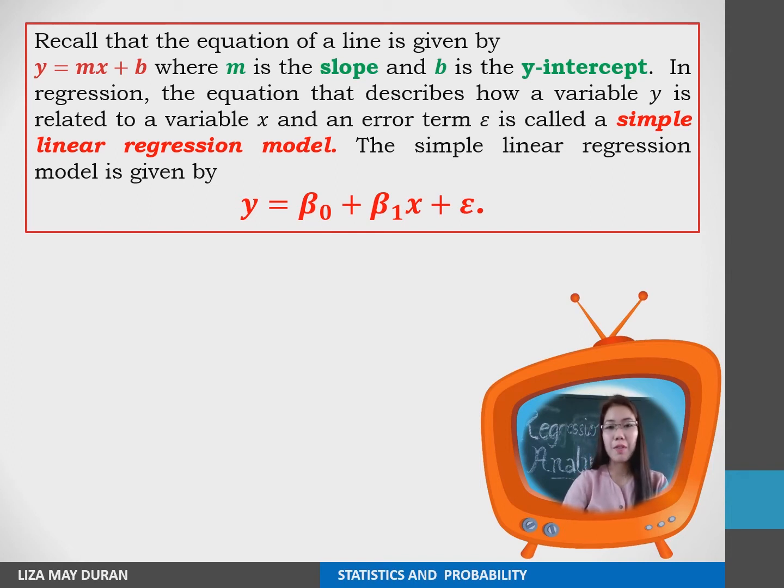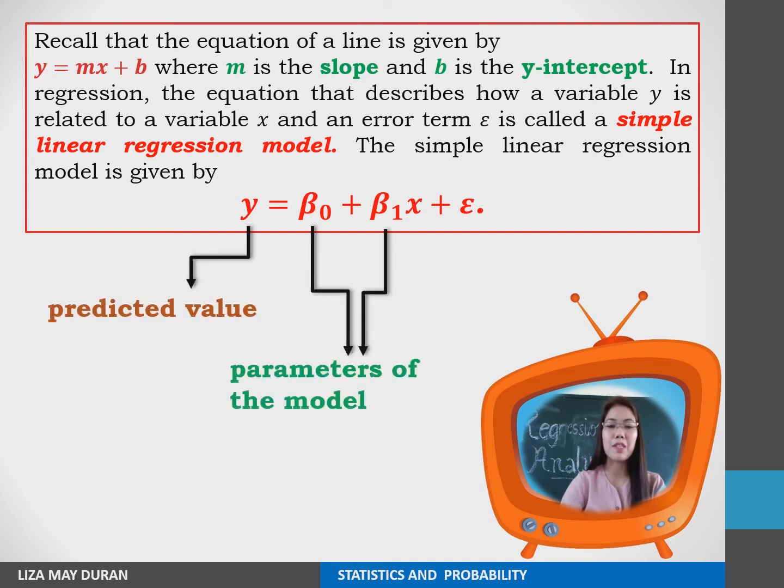In regression, the equation that describes how a variable y is related to a variable x and an error term e is called a simple linear regression model. The simple linear regression model is given by y equals b sub 0 plus b sub 1 x plus e, where y is the predicted value, b sub 0 and b sub 1 are the parameters of the model, and e is the error term.